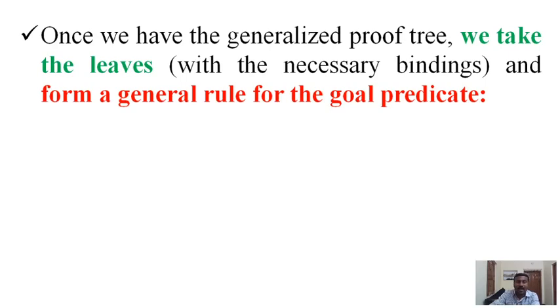Once we have the generalized proof tree, we take the leaves. The leaf nodes of the tree form a general rule for the goal predicate. So to predict the goal, we use the leaf nodes to form the general rule.